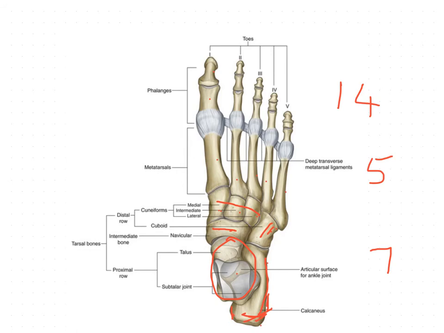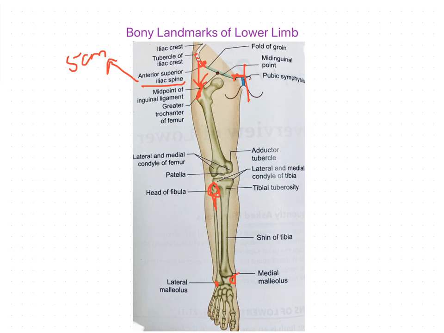Sustentaculum tali is a small prominence about a finger's breadth below the tip of the medial malleolus. So on the medial side, we can feel this sustentaculum tali.